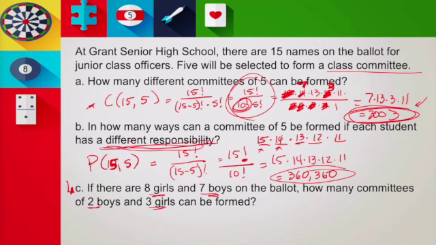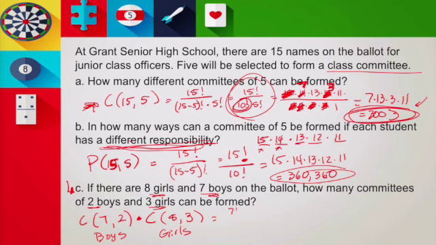So, combination of 7, choose 2, times the combination of 8, choose 3. All right, these are the boys, and these are the girls. So, we're just going to do the combination formula twice and multiply them together.